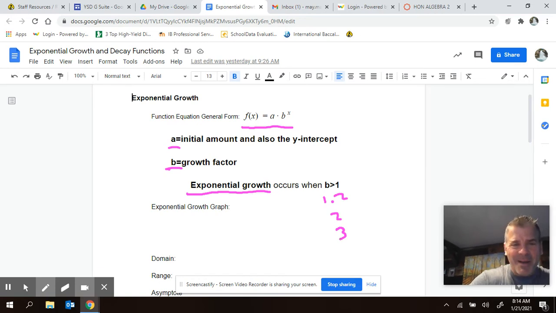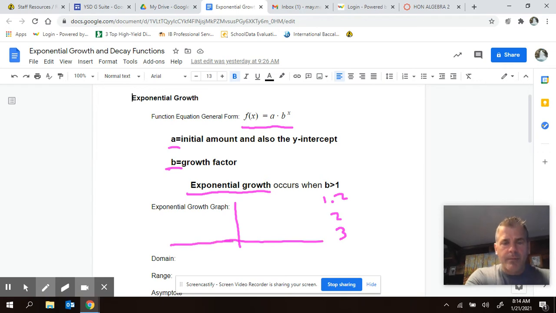So sorry about that. The basic graph of this is going to automatically have an asymptote. We'll show that here in a sec. That's the word that we have been looking at in our other functions. It's going to automatically have an asymptote that is actually the x-axis. And it's going to follow along with our growth here. It's going to go from left to right.